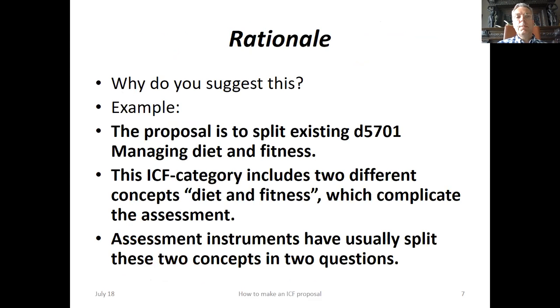Why do you suggest a proposal? If we take the example from proposal 324, the proposal is to split the existing code D5701, which is called Managing Diet and Fitness, into two, because this ICF category includes two different concepts, namely diet and fitness, and this complicates the assessment of functioning.